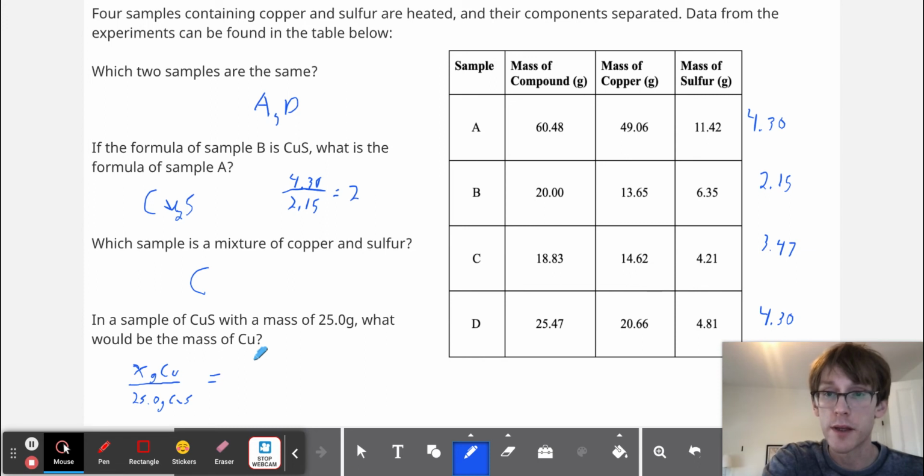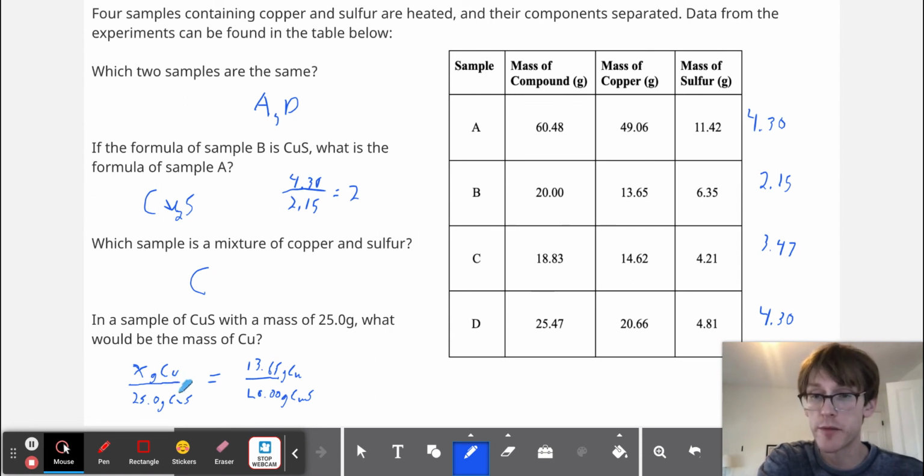We can go back to sample B. We know that in sample B, there's 13.65 grams of copper in a 20.00 gram sample of copper sulfide. Now, if we simplify this, what we'll end up doing is multiplying both sides by 25.0 grams of copper sulfide.